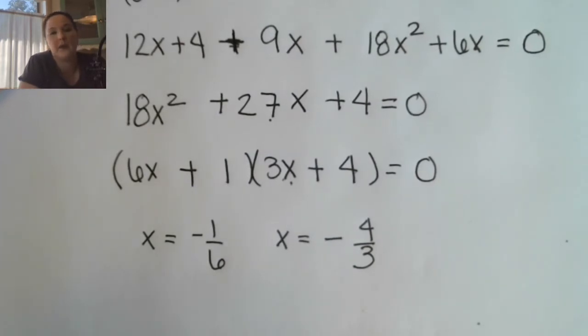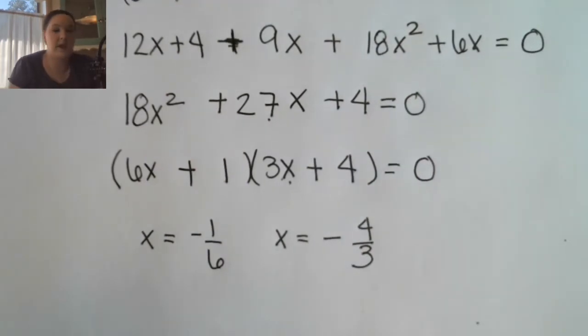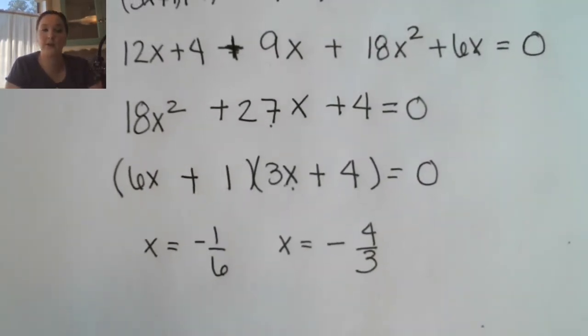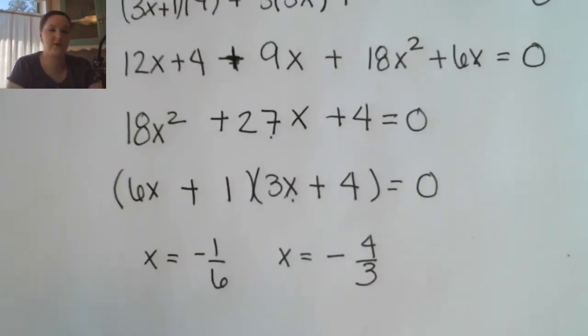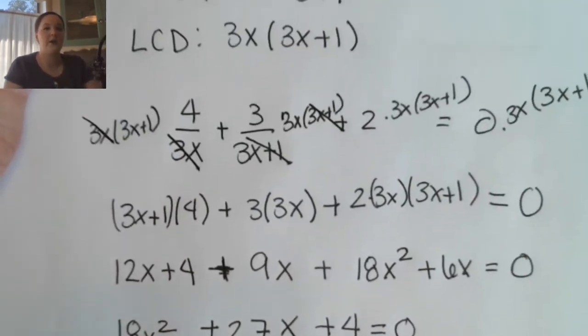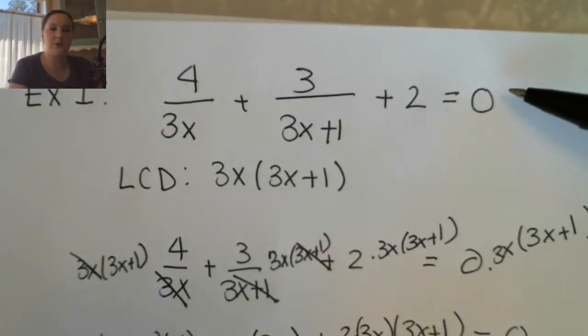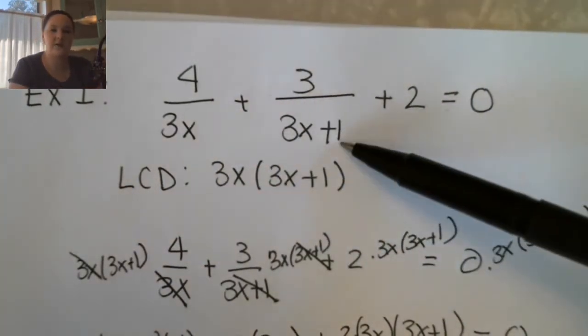All right. Now, that finishes the solving process. So let's talk about what we're checking for with rationals when we're checking for extraneous solutions. What you're checking for, you can see from the very beginning, is that you don't want any of the denominators to be 0.